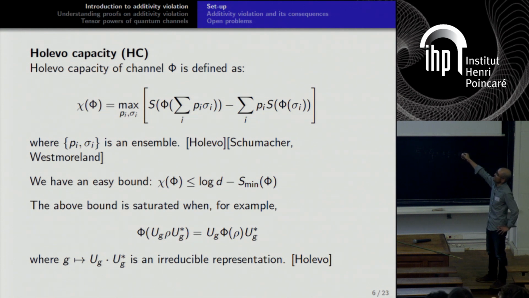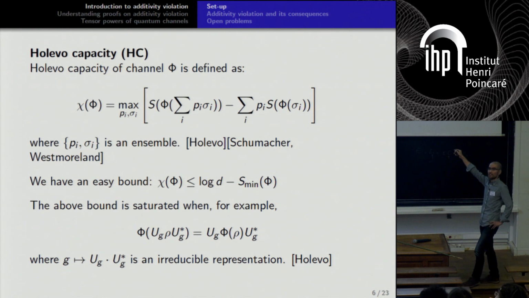The reason is that, for entropy, the maximum value is log d. Suppose we are working in dimension d, and here we have the average of the input states. Suppose this average state is maximally mixed, proportional to the identity.